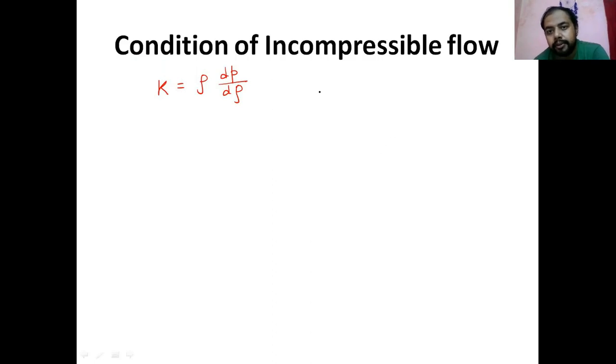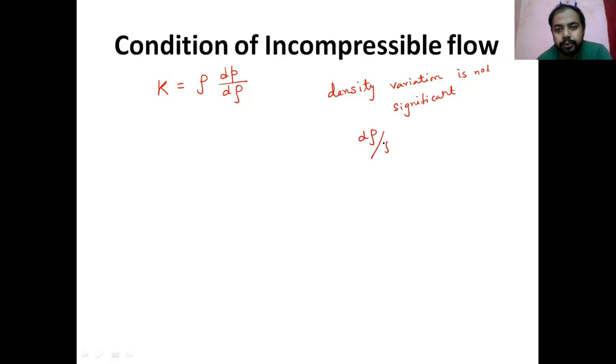In incompressible flow, the density variation is not significant. That means if d rho by rho is less than 5%, we can consider the flow as incompressible flow, or the fluid as an incompressible fluid.